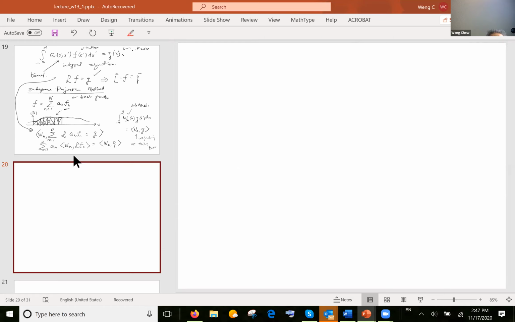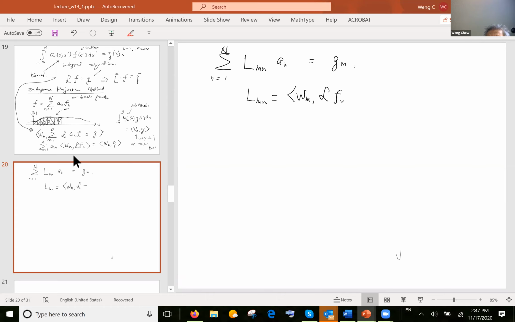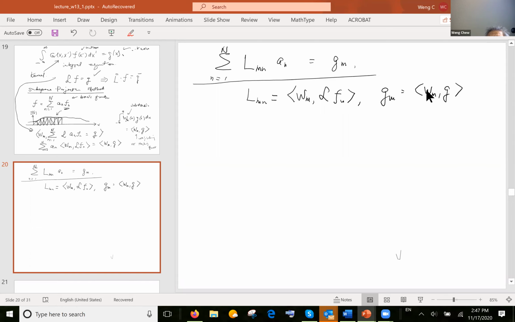Now, if you look at this equation, it essentially is the sum of L_mn a_n, with n from 1 to N, equal to G_m, where I define my L_mn to be equal to the inner product of W_m with L f_n, and then my G_m to be equal to the inner product of W_m with G. So this is a matrix equation now, and I can choose my weighting function or testing function so that m goes from 1 to N. Then I have enough equations to convert this into a matrix equation.